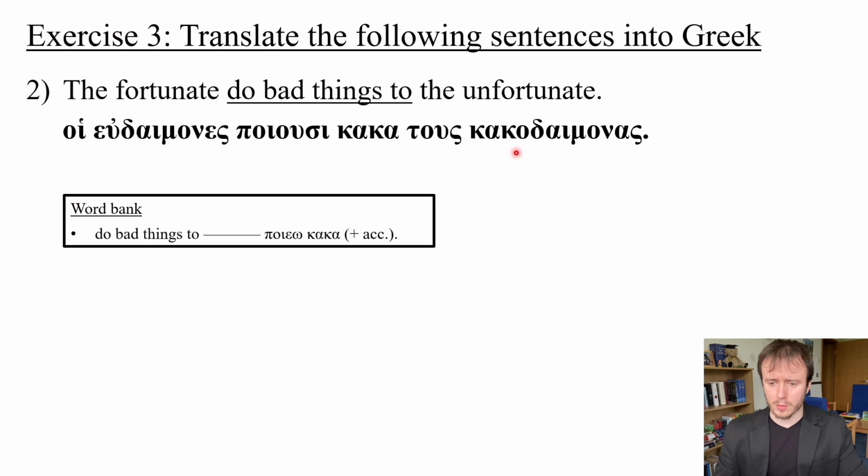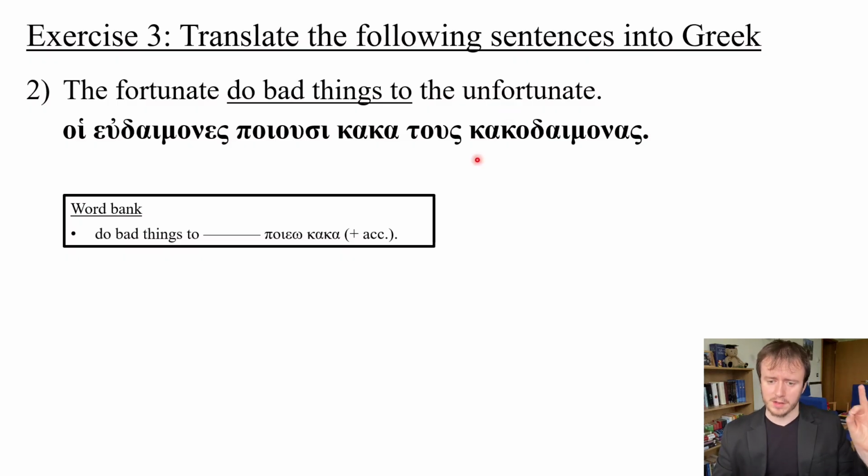And tous kakodaimonas is also substantive, meaning the unfortunate. And once again, we wanted a masculine plural form of this adjective because we want to understand men or people after it. The unfortunate means the unfortunate people in general.